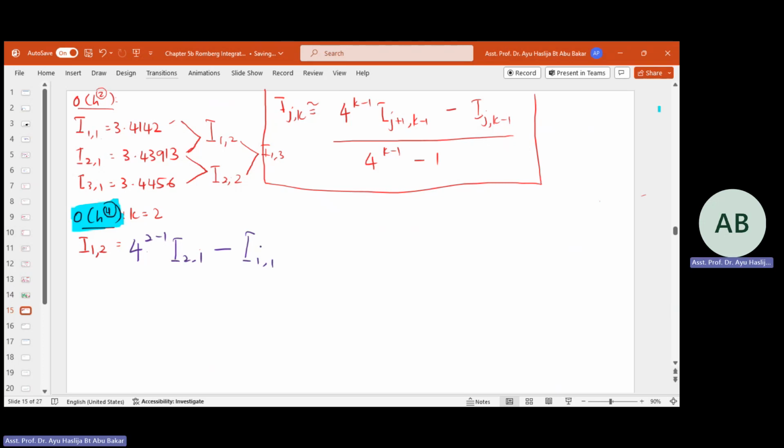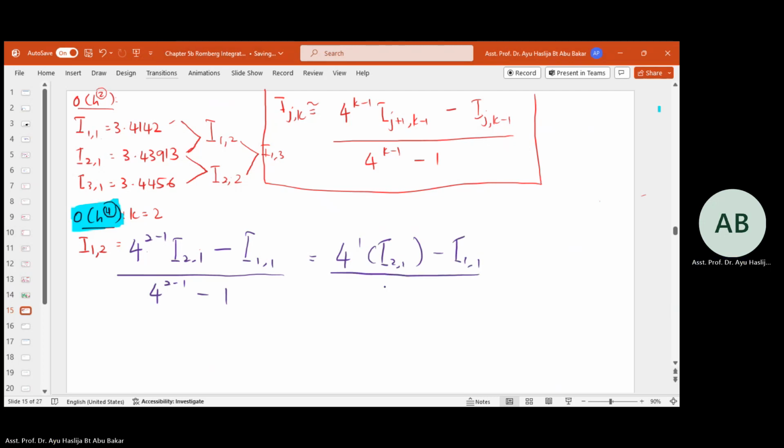This is the less accurate I just now. Then over 4 to the power of k, which is 2 minus 1, minus 1. Eventually you will get 4 times I21 minus I11 over 4 minus 1. So you get 3, similar to 4 over 3 I21 minus 1 over 3 I11.